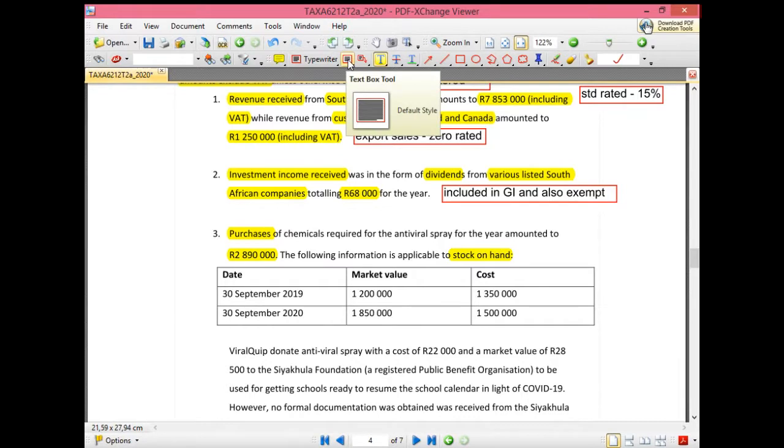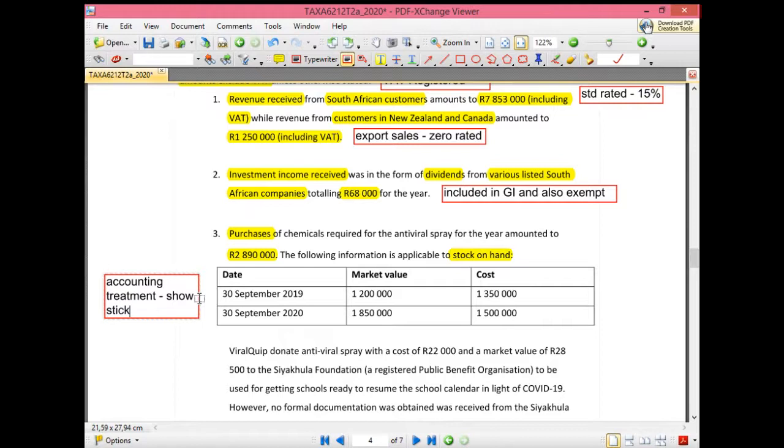Now, remember, when we generally do the tax calculation, we are using our set of financial statements to populate these amounts. Now, in accordance with our accounting treatment, we show our stock at the lower of cost and the net realizable value, which is the market value.